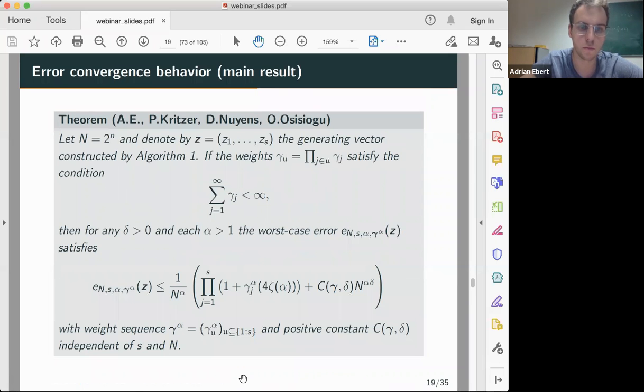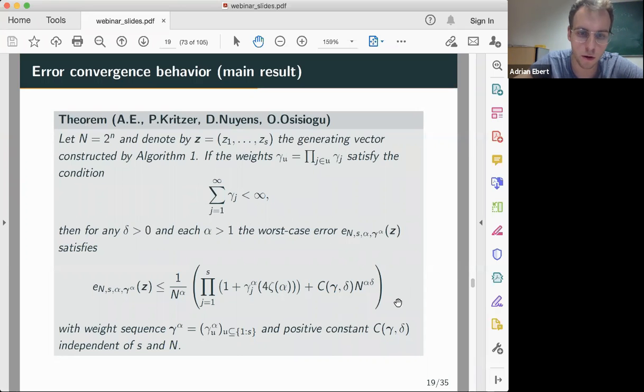With the connection to the worst case error that I already tried to make evident earlier, we can also immediately get a result for the worst case error, namely that under the same assumptions, again using this summability condition, for any delta bigger than 0 and each alpha bigger than 1, the worst case error, this one here with gamma to the alpha, satisfies this bound.